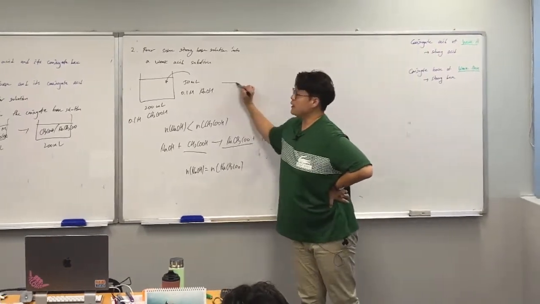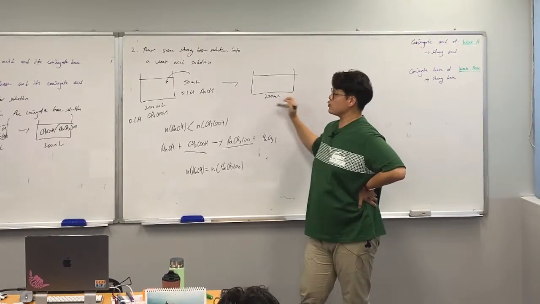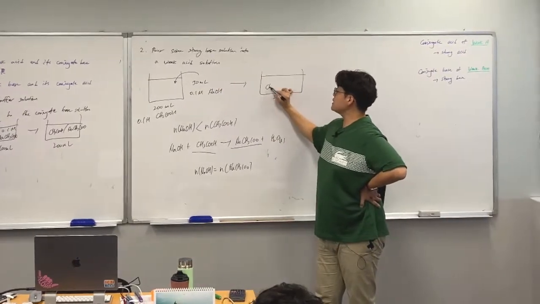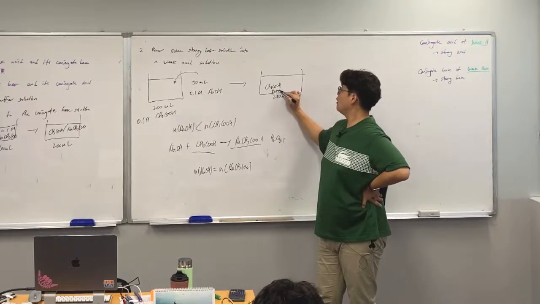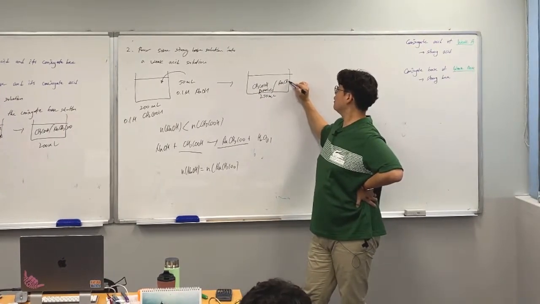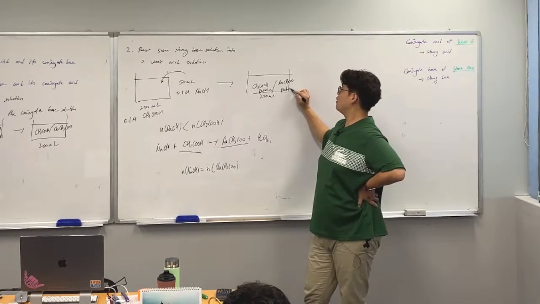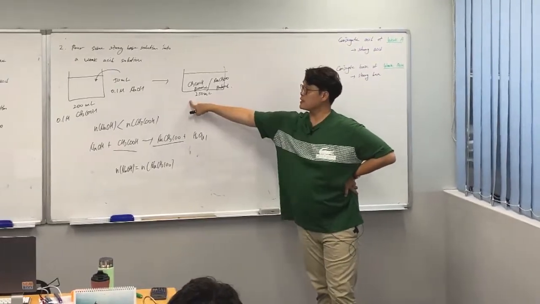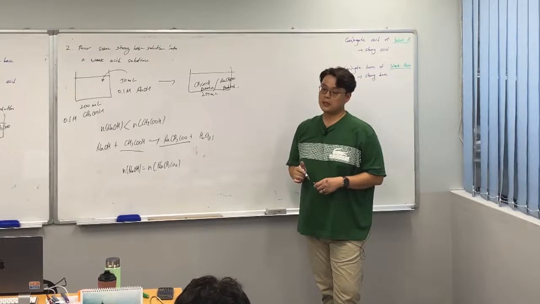So as a result, you get 250 milliliters, as you're adding 200 mL to 50 mL, of some acetic acid remaining and sodium acetate produced. And this is a mixture of the weak acid and conjugate base. This is the second method of making the buffer solution.